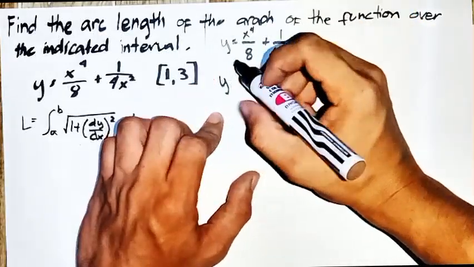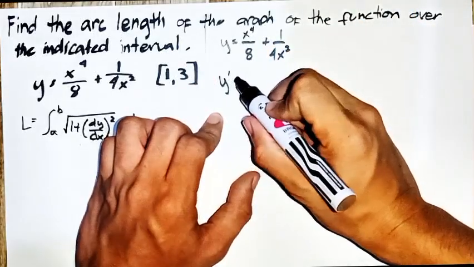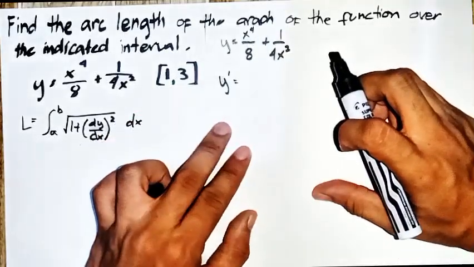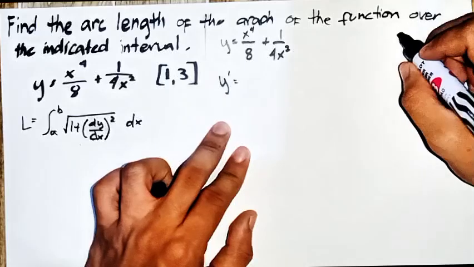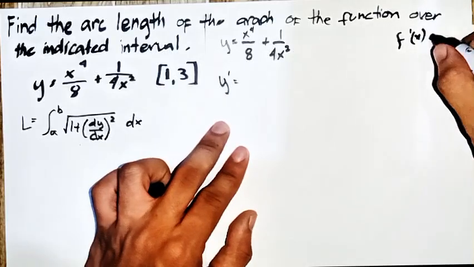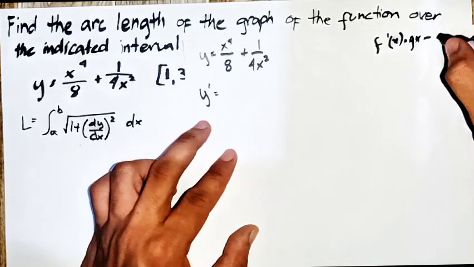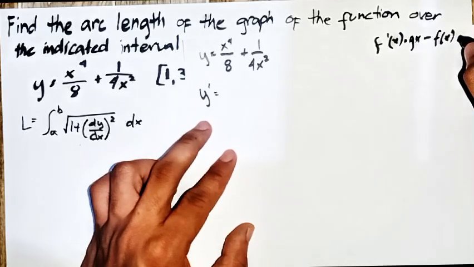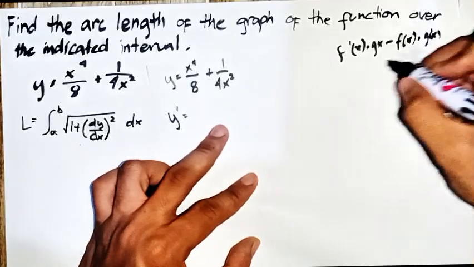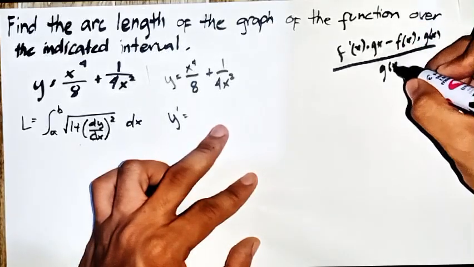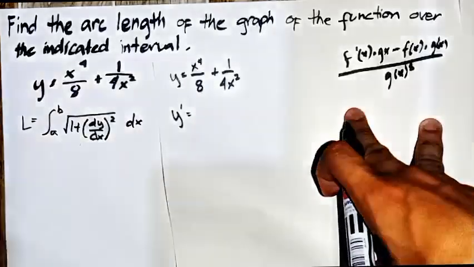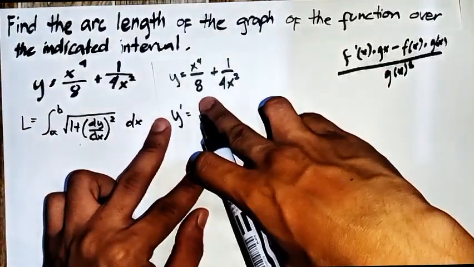Let's derive. So y prime is equal to the derivative of x to the fourth over 8, and we need to use the quotient rule, which is f prime of x times g of x minus f of x times g prime of x, over g of x squared. Our f of x here is x to the fourth, and our g of x here is 8.